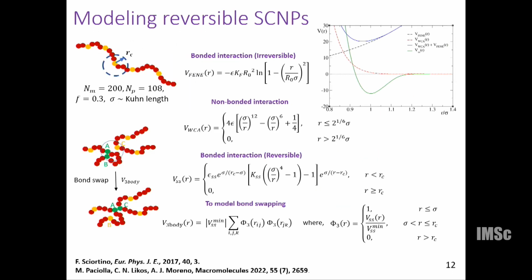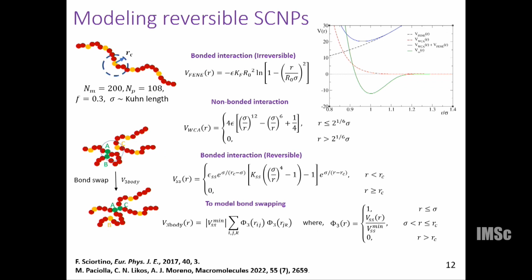Let me show you where this bond strength enters the model. This epsilon SS that you see, which is precisely this depth, is the bond strength of the reversible bond. We chose it to be about 12 to 17 kBT in our model, which is much higher than the thermal energy.